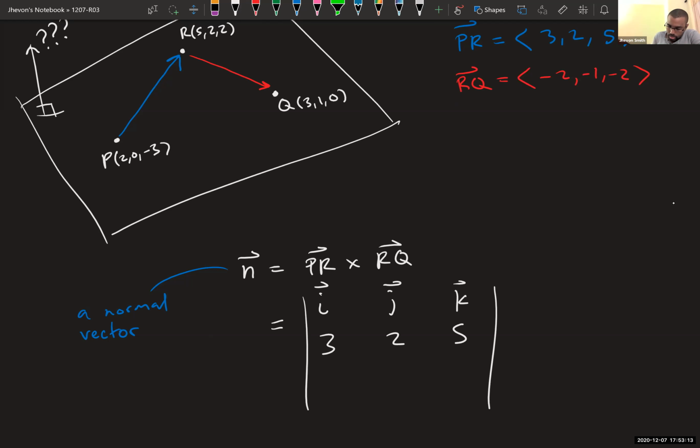In fact, just because I don't want to kill myself here, just use the other one. Let's use QR. Because I'm cross-producting, I'm subtracting stuff. I don't want to have the negatives of negatives making me make a mistake. So let's just play it safe here.